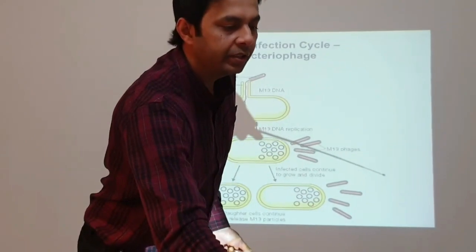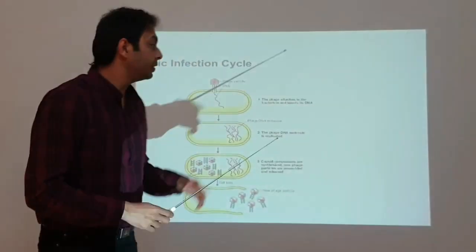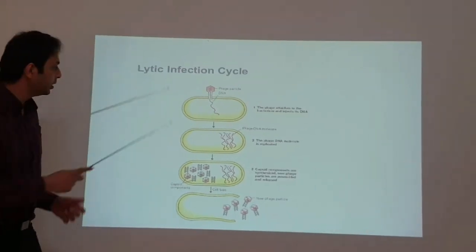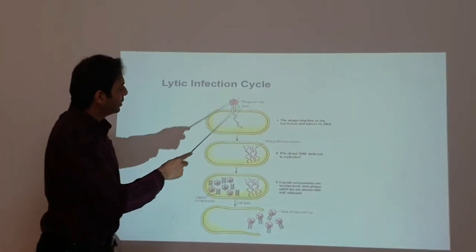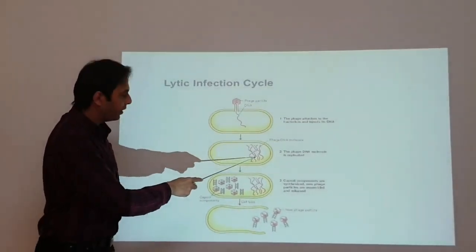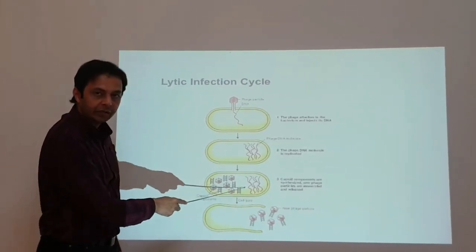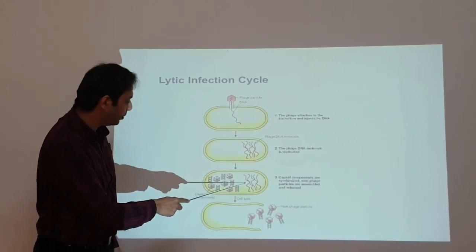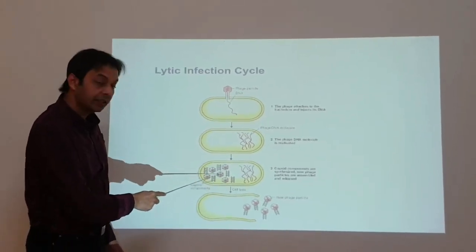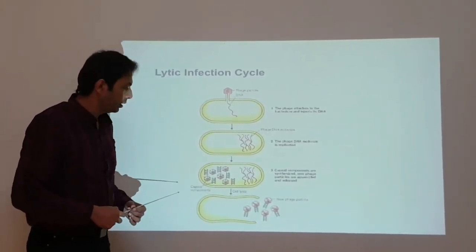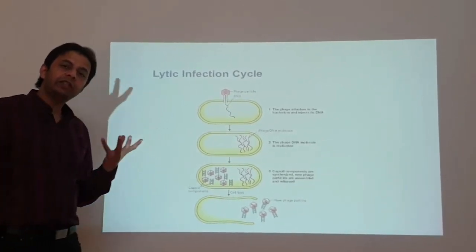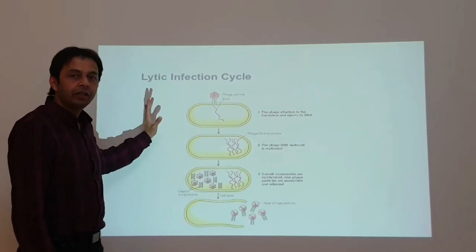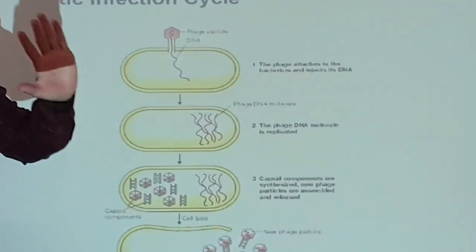In the previous slide, in the lytic infection cycle, you can see that DNA replicates itself, and immediately after the replication, transcription and translation take place, which result in the synthesis of so many capsids. This is the distinguishing feature of the lytic cycle, which doesn't happen in the lysogenic life cycle.